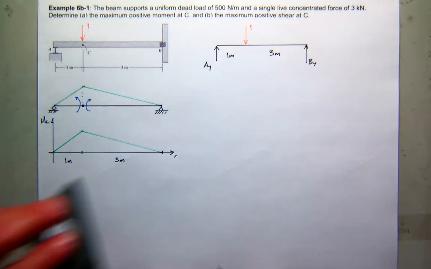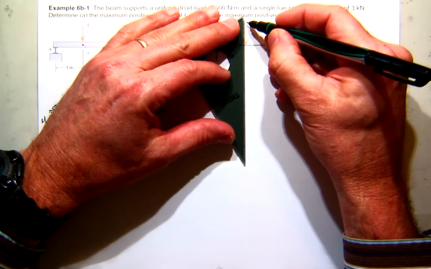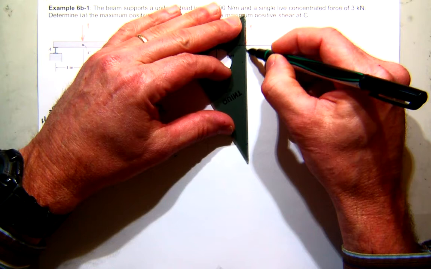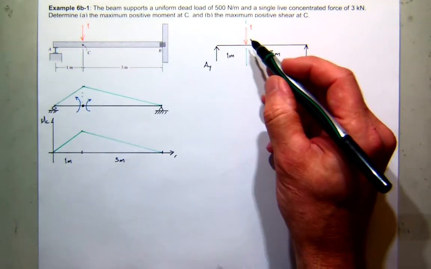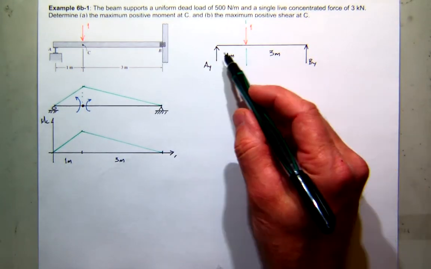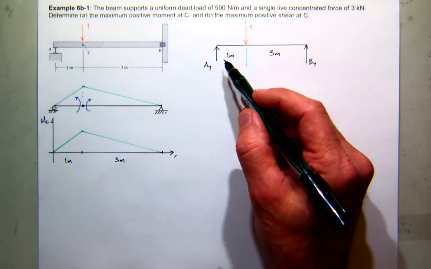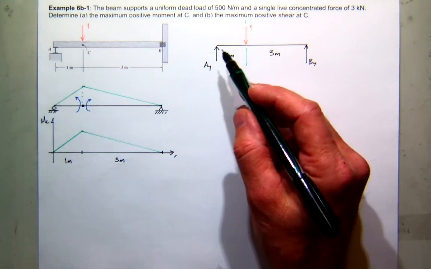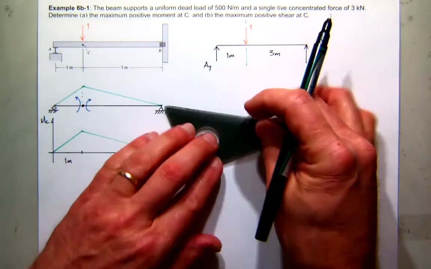Now remember, I'm going to cut the structure right here, and I want to find the internal moment there. You decide whether you want to use the left side or the right side. I don't really see any advantage. I'll just do the left side, just because.